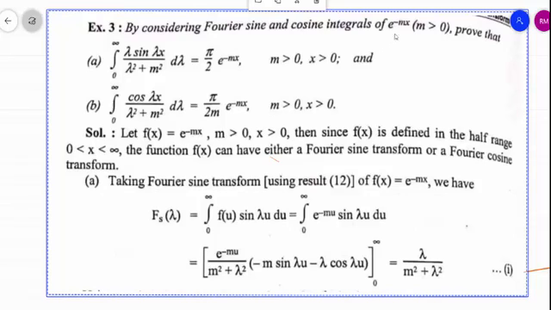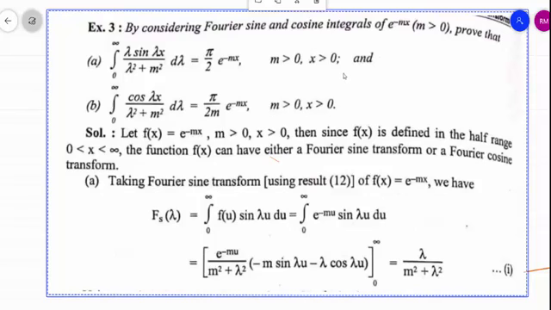Here in this problem we are given the function e raised to minus mx, and x is positive, meaning the domain of x lies between 0 to infinity. So f of x is defined on a half range.